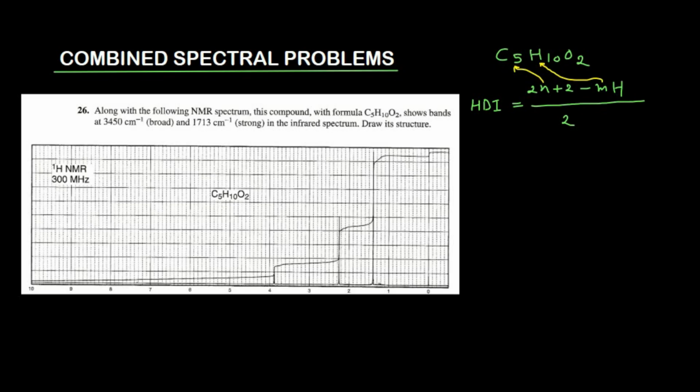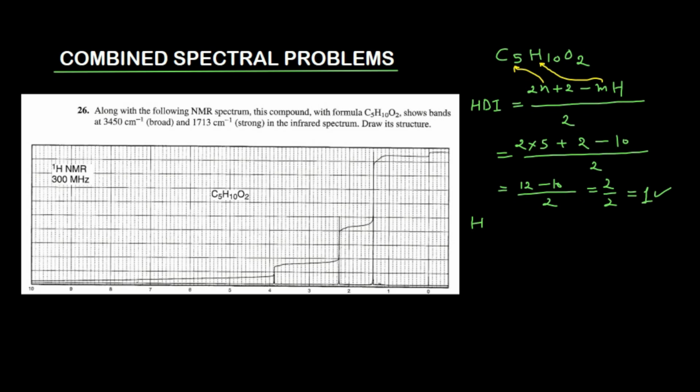So if you calculate this, you will find 2 times 5, because 5 carbons are there, plus 2 minus 10, divided by 2. This gives 12 minus 10 divided by 2, which equals 2 by 2, and you will get 1. So the index of hydrogen deficiency is 1 in this case.